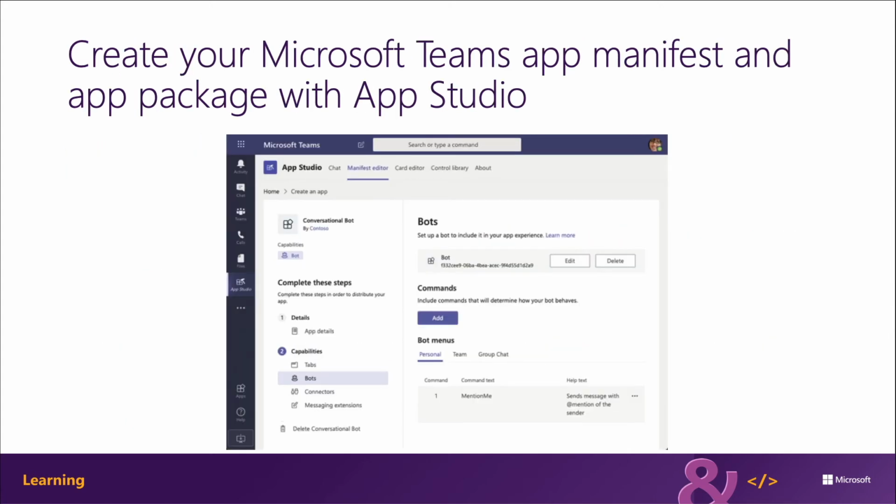Before deploying your Microsoft Teams app and custom bot to Microsoft Teams, you need to define the bot within the custom app. This is done by adding an entry to the app's manifest file. Now you can use App Studio to add a bot to the app's manifest file. App Studio can create a new app manifest file, or you can import an existing one to add a bot to it.